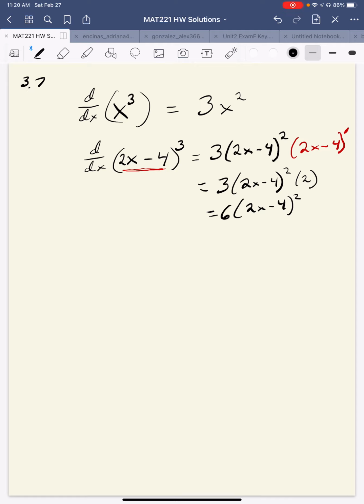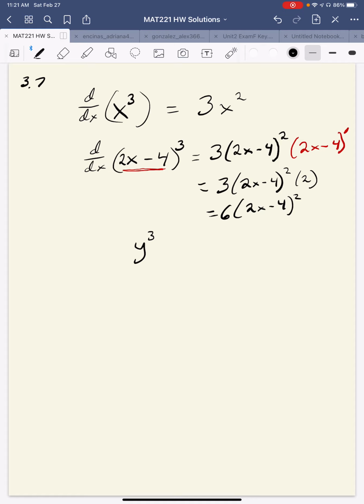Okay, now I want to demonstrate how implicit differentiation is really just an extension of the chain rule. Let's look at the case where I have y cubed.